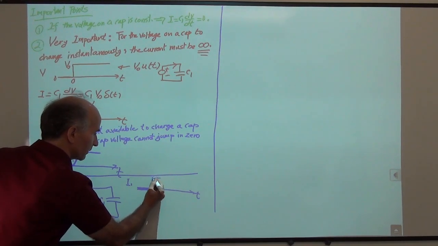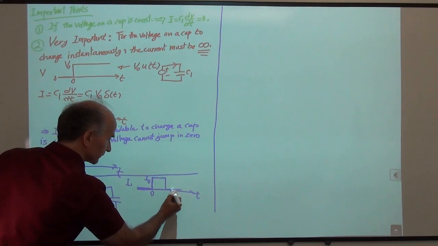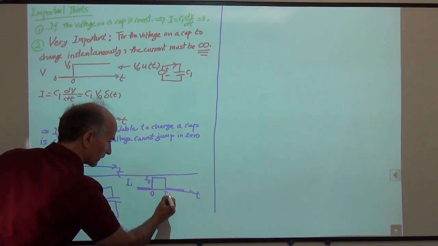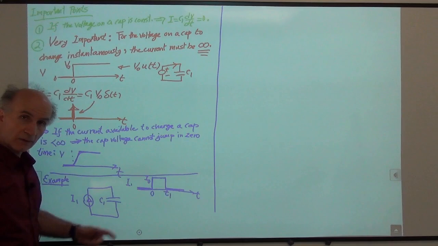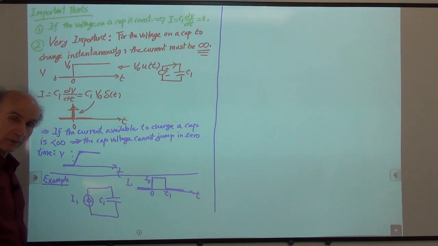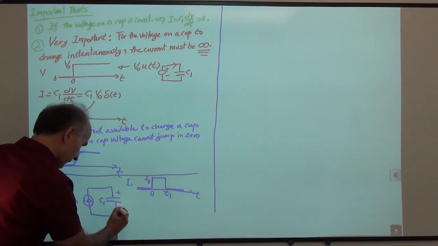Then it jumps to I0. It stays at I0 for some time. And then comes back to 0 at time t1. Okay, so that current is what's going through this way to the capacitor. And now I would like to plot this voltage as a function of time.